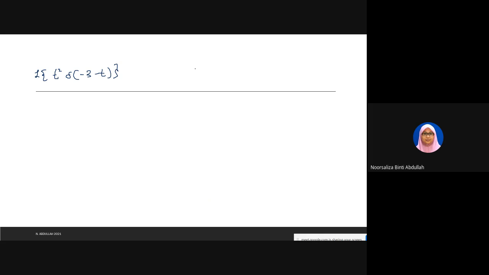Okay, so your u equals to minus t. Then t equals to minus u.